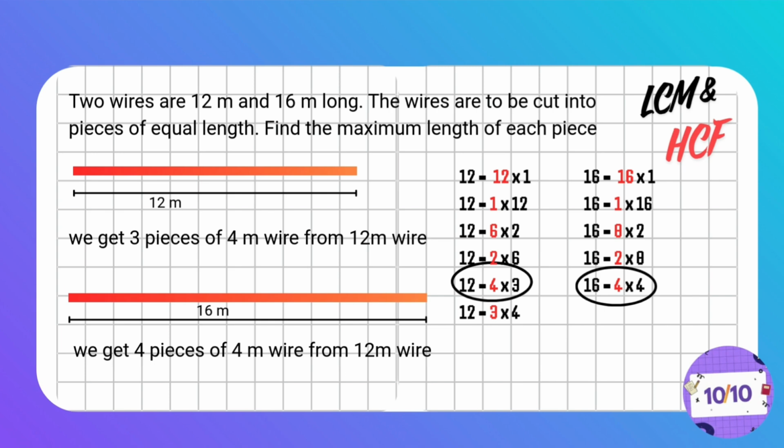When we divide the 12-meter wire into 3 equal parts, each piece is 4 meters, and when the 16-meter wire is divided into 4 parts, we get 4 meters each. So the HCF gives the answer. To find the maximum length of each piece, we have to find the HCF.